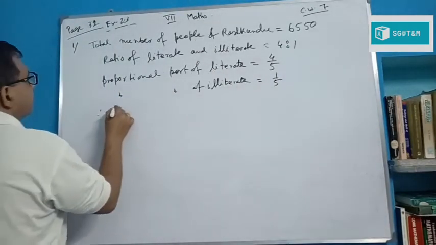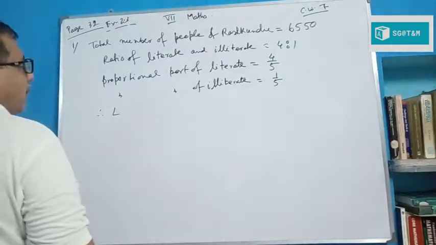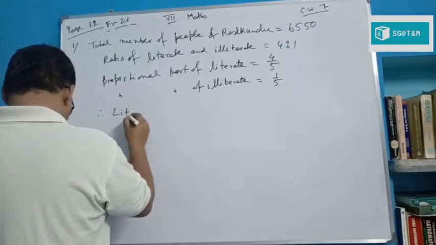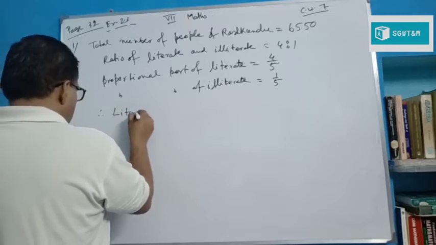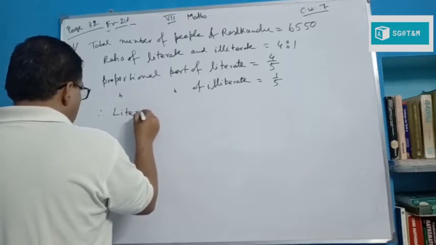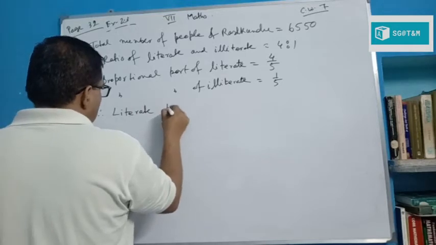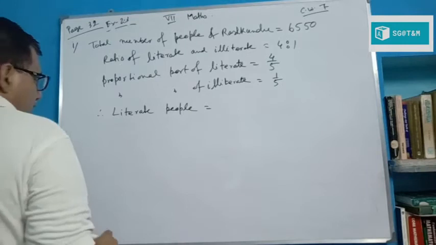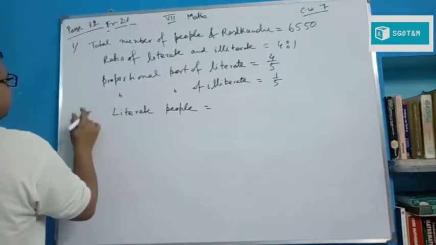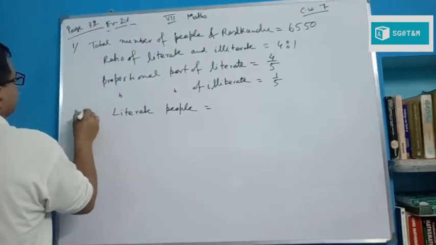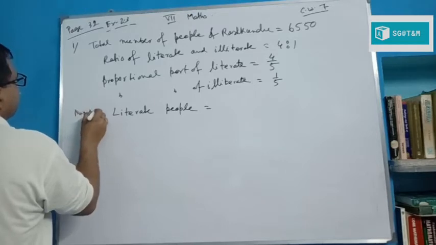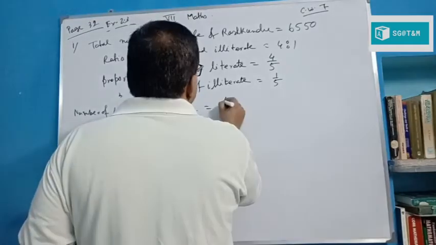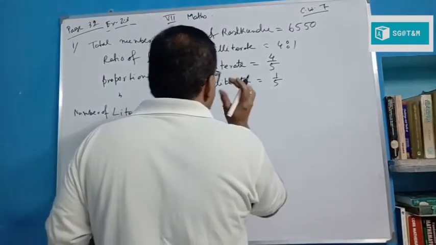Therefore, the number of illiterate people is the total people multiplied by the proportional part.